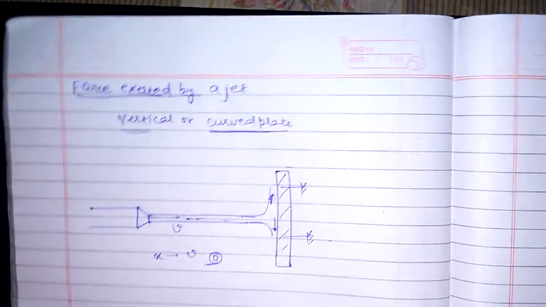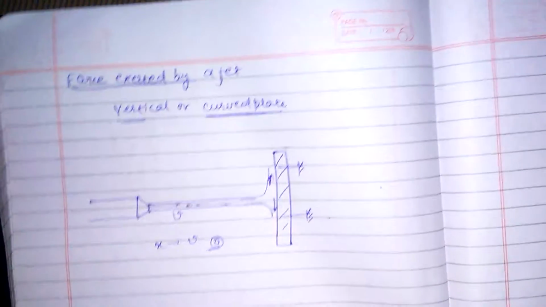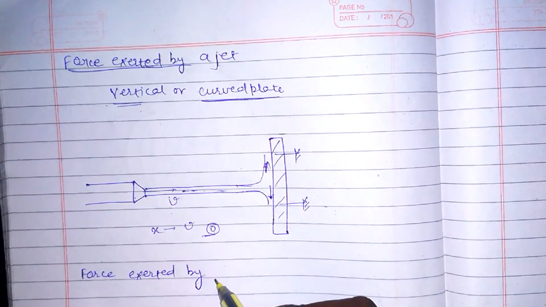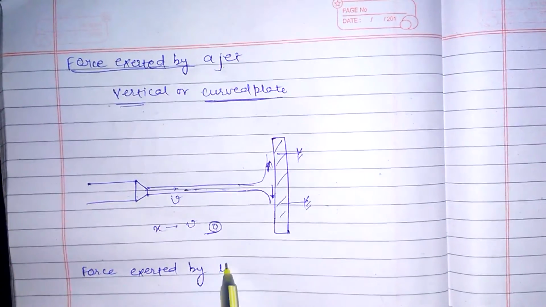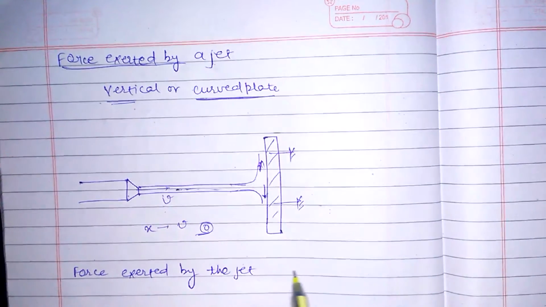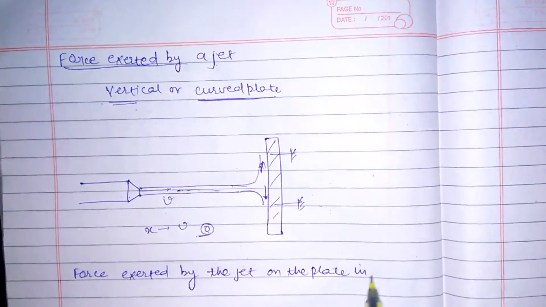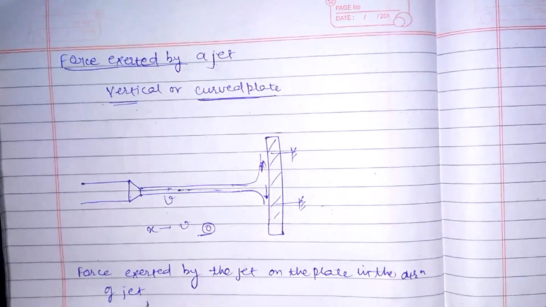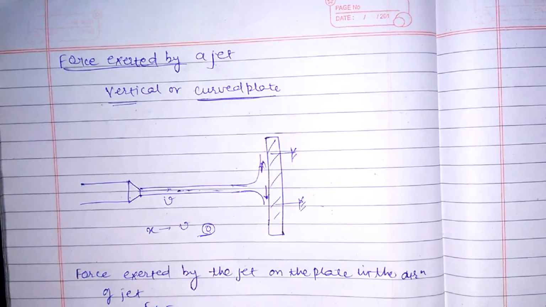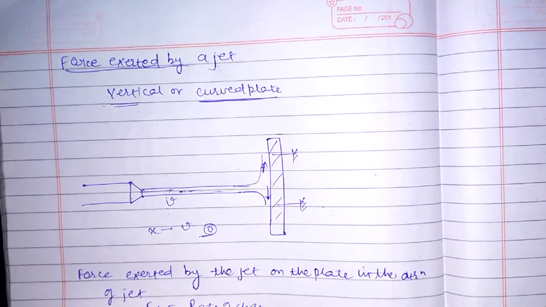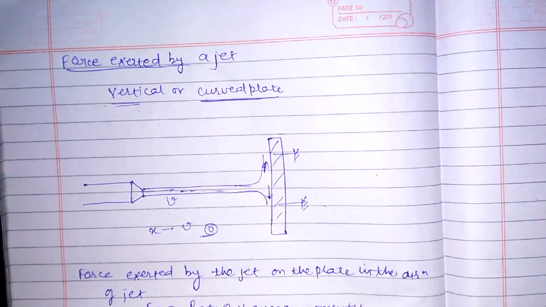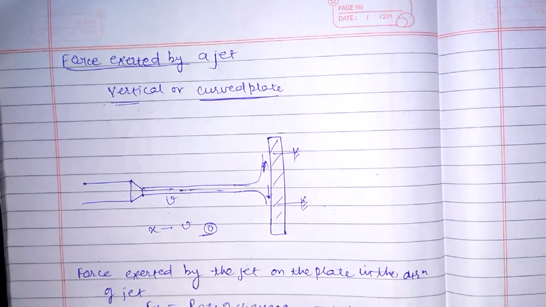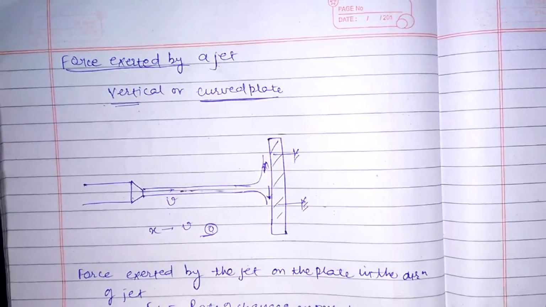So we can write that the force exerted by the jet on the plate in the direction of the jet, Fx, would be equal to the rate of change of momentum from Newton's second law, or mass per second into change in velocity: initial velocity minus final velocity.